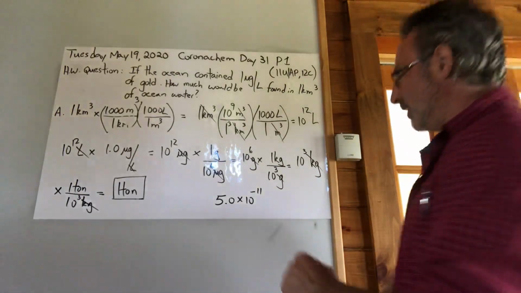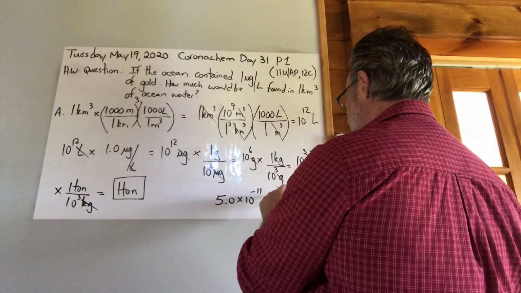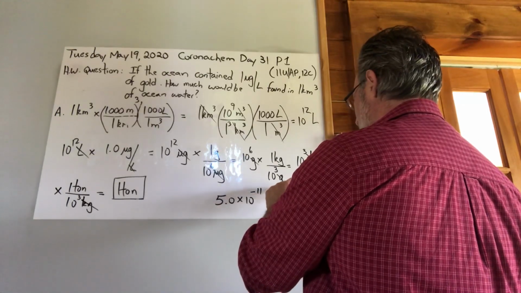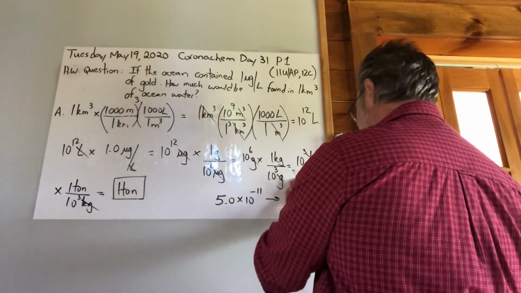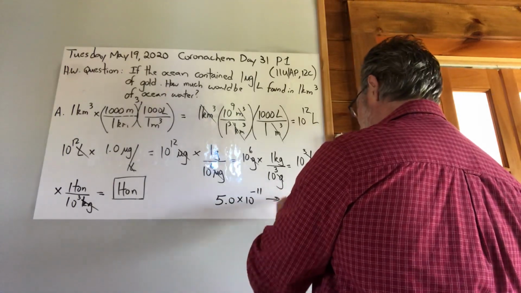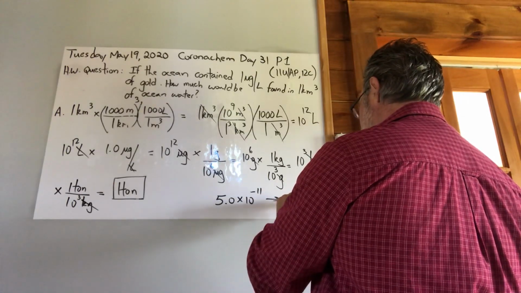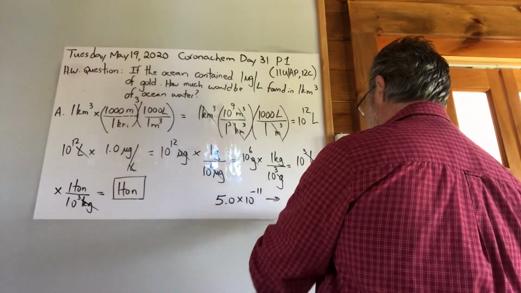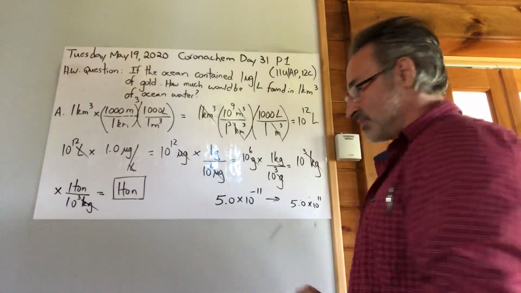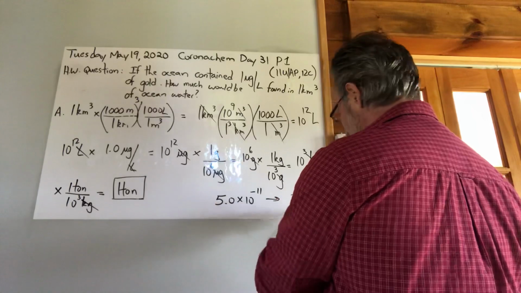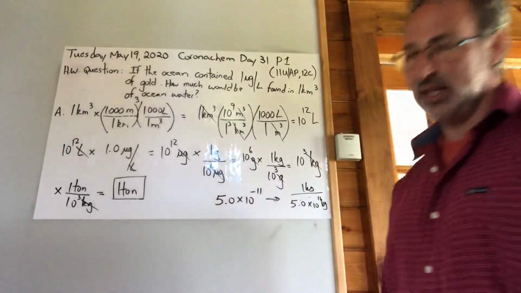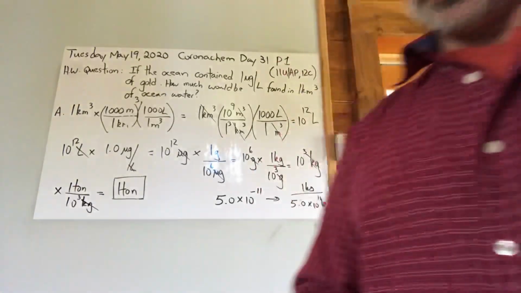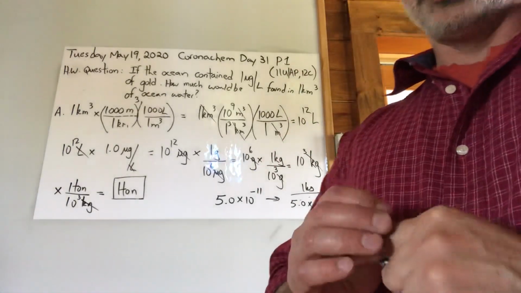Put it another way, it would be like saying if you had 5.0 times 10 to the power of 11 kilograms of seawater, you would have 1 kilogram of gold. And I redid the calculation for 1 kilometer cubed, you would get 2 kilograms of gold.